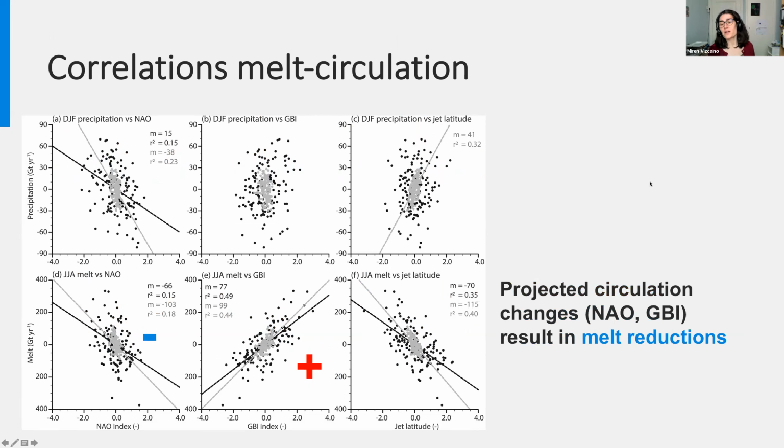So altogether, the projected circulation changes result in melt reductions. But please take this with a grain of salt, because it is just one scenario. It is for 4 times CO2. We have very strong NAMOC weakening, and very strong warming happening here. So more simulations are needed.